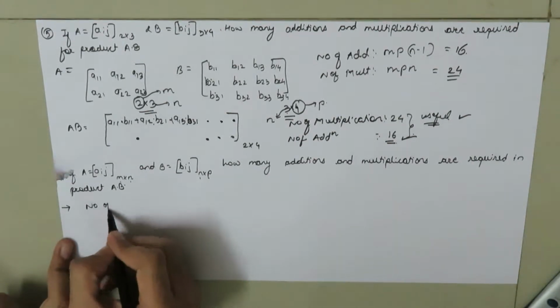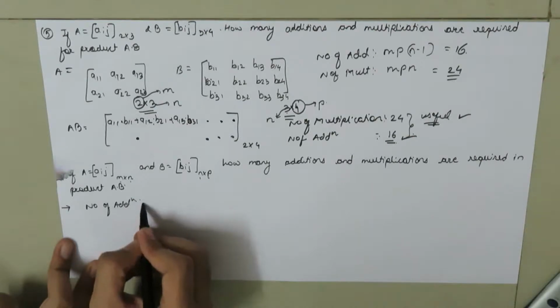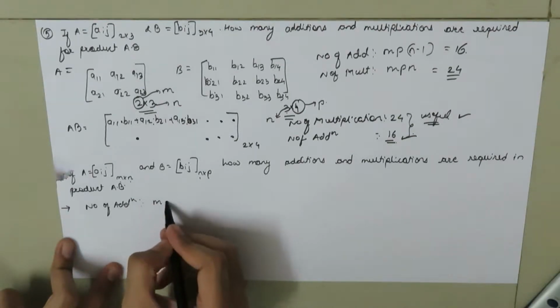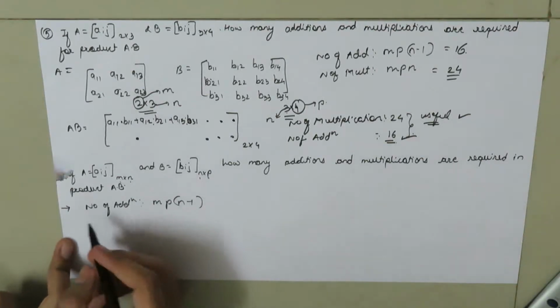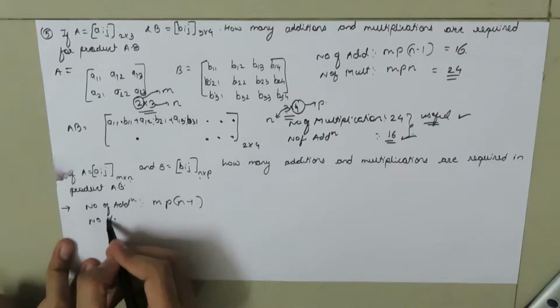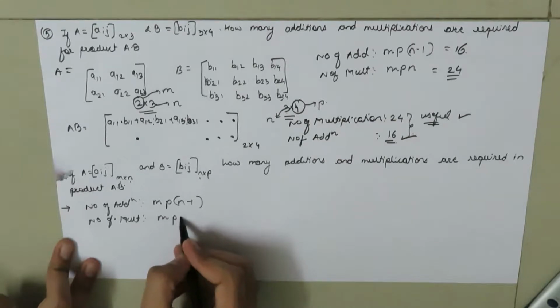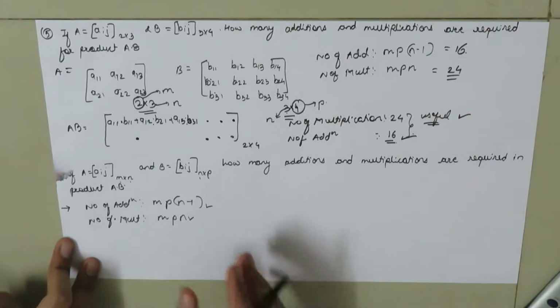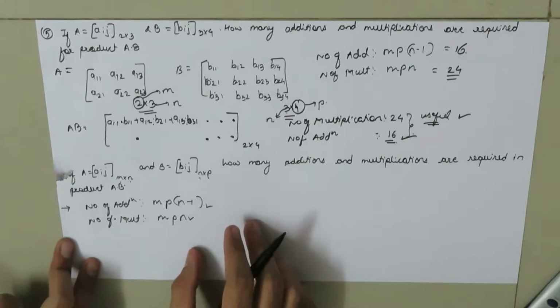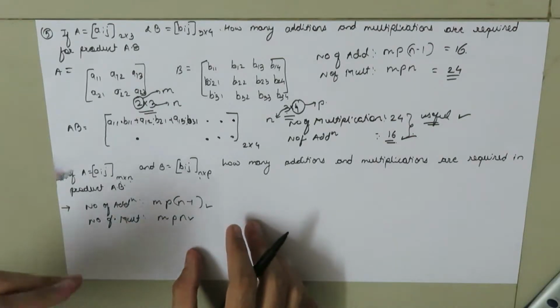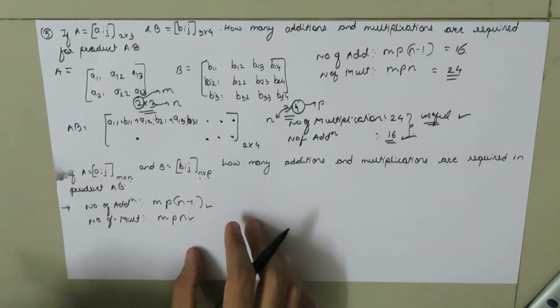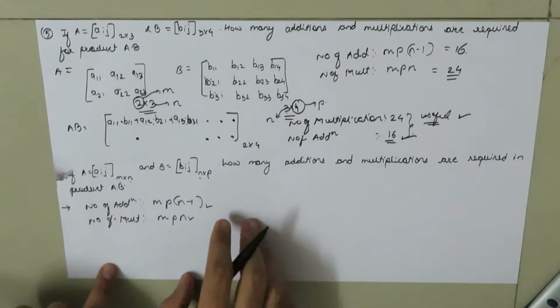We know that the number of additions is equal to m times p times n minus 1, and the number of multiplications is equal to mpn. So this was a shortcut technique to find the number of additions and multiplications for matrices with a large number of rows and columns.